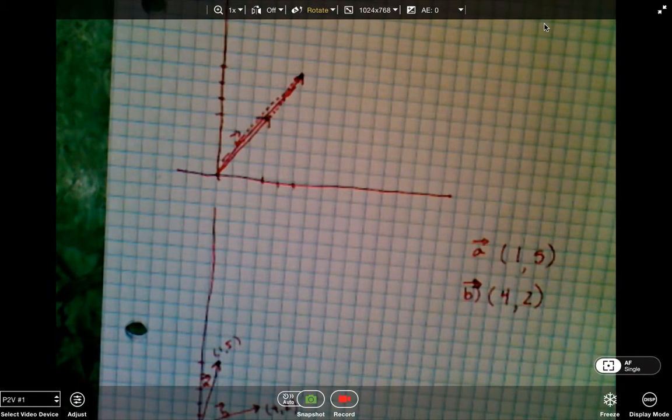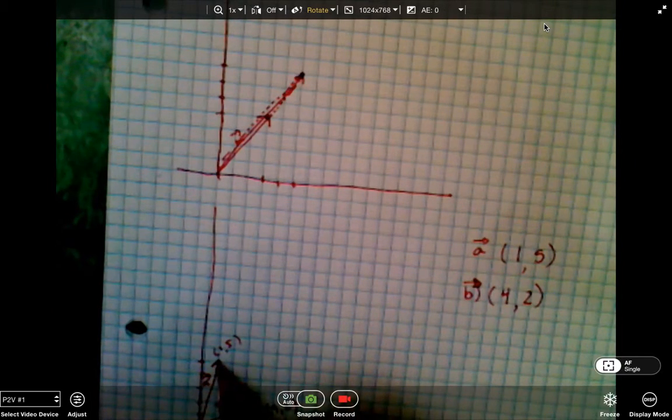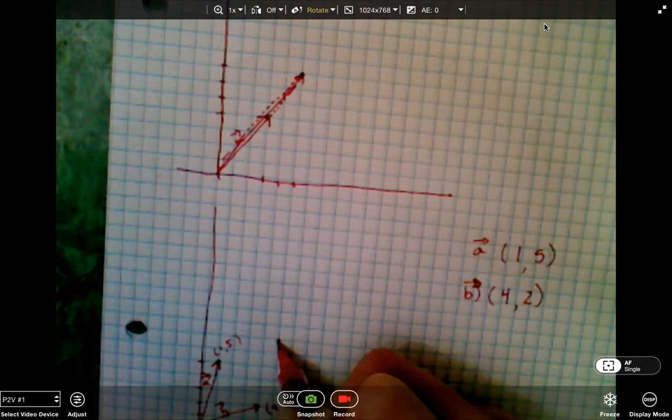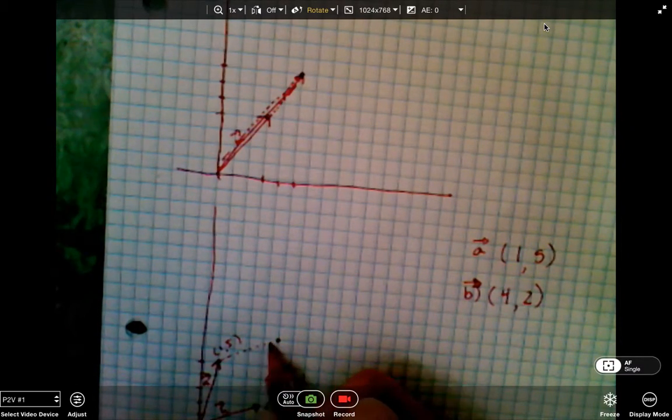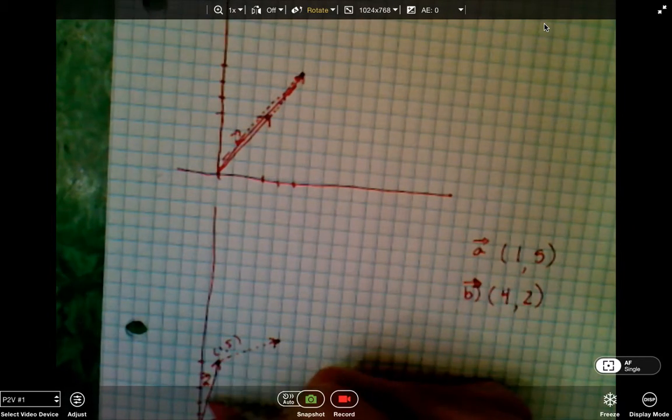So now we're going to make our parallelogram here. So we're going to go up 2 over 4. And then we're going to make a parallel for this guy also.